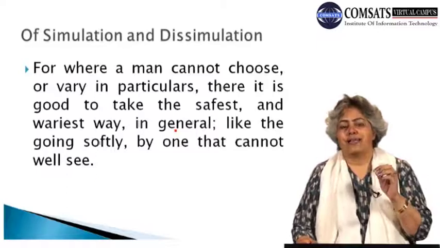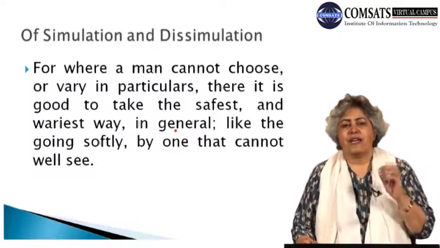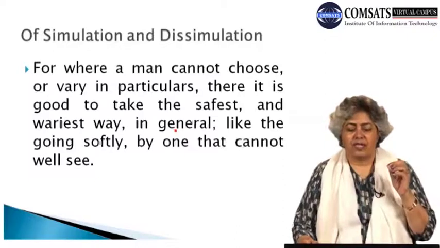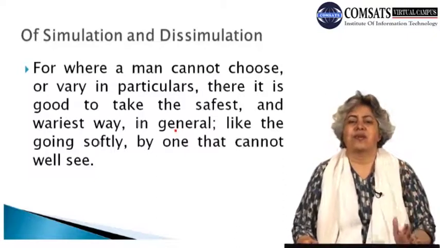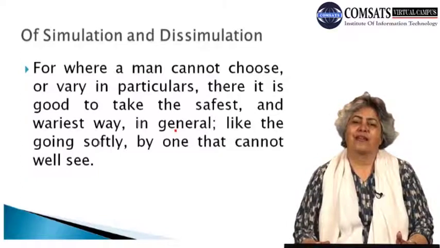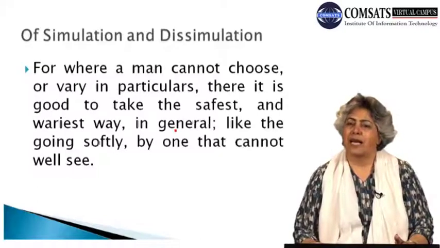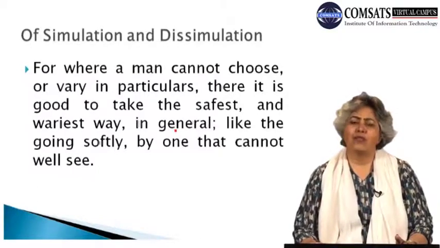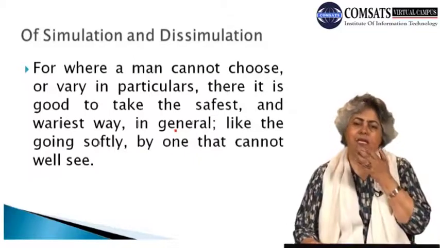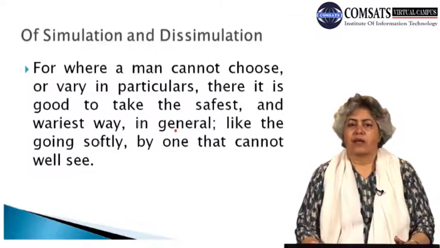And he says, where a man cannot choose or vary in particulars, there it is good to take the safest and wariest way in general. And the safest way is to dissemble. The example that he gives is that of a blind man, or one who perhaps is not legally blind, but very short-sighted.